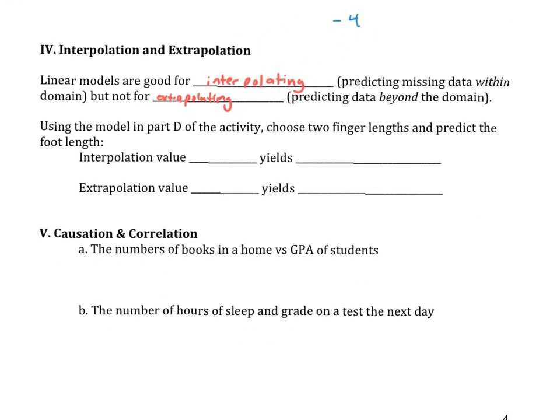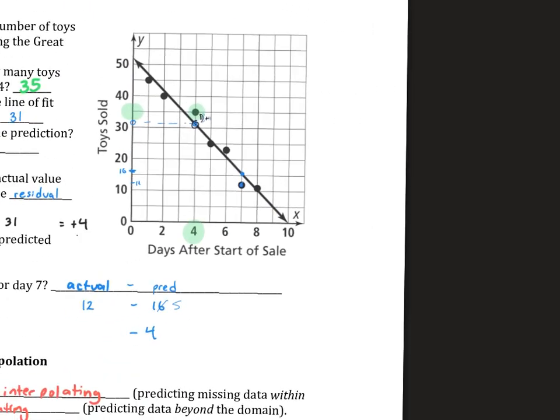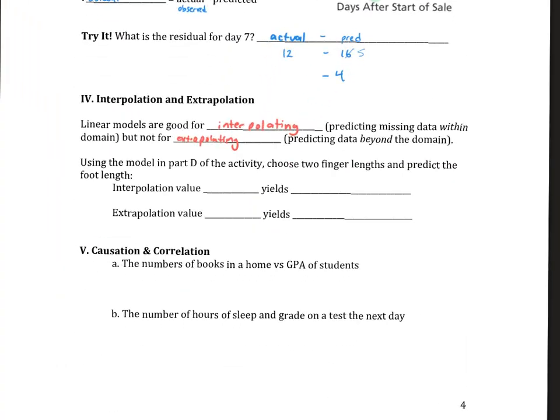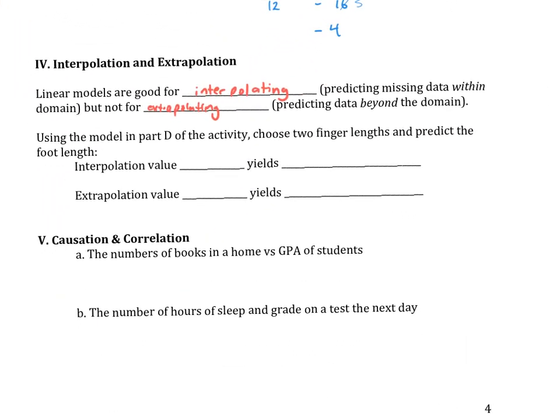So predicting beyond the domain. So if we look at this information here, we can't really predict. The cell only went to day 8 here, so I can't really predict 9 and 10 because future is future. It's not a very good. Doesn't help very much. So we're good for looking among the data, but not beyond the data.